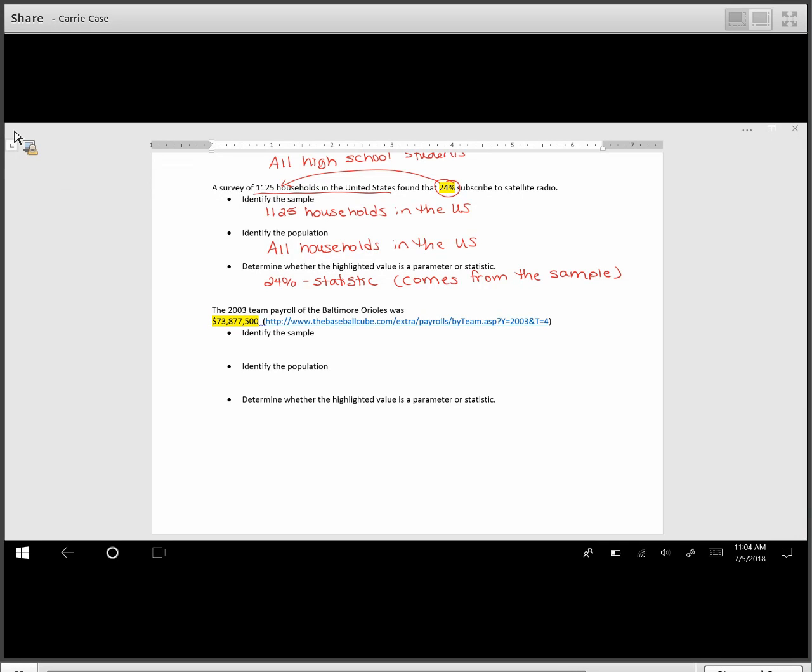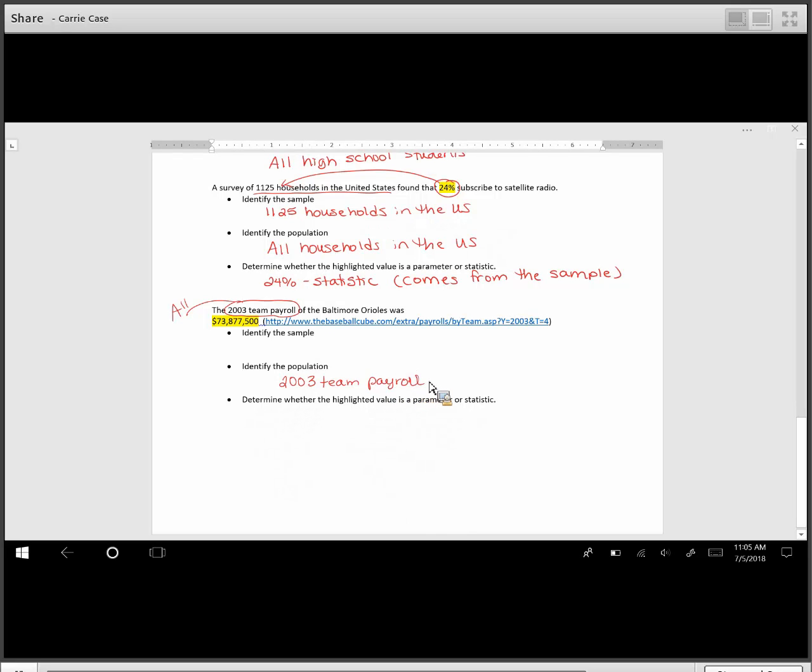All right, let's do another example. The 2003 team payroll of the Baltimore Orioles was $73,877,500. We're asked to identify the sample, the population, and determine if that highlighted value is a parameter or a statistic. In this case, the 2003 team payroll is the entire team, or all of it. So that's the population.